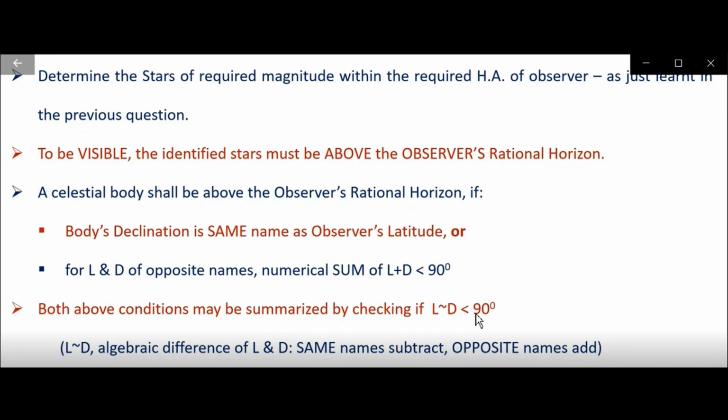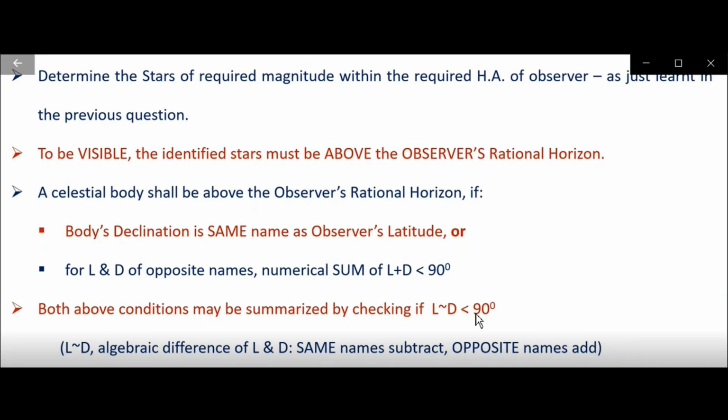But if L difference D is more than 90 degrees, then that body will be below our horizon. So this is the criteria which we use. We have listed these 5 stars. Now, basis their declination and the latitude of the observer, we will be finding out whether they will be above our horizon or below our horizon.